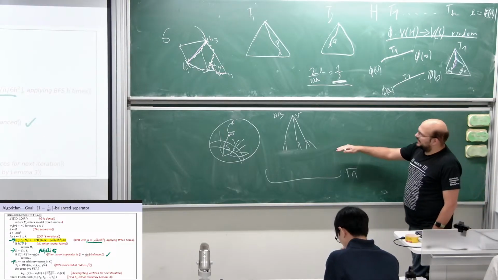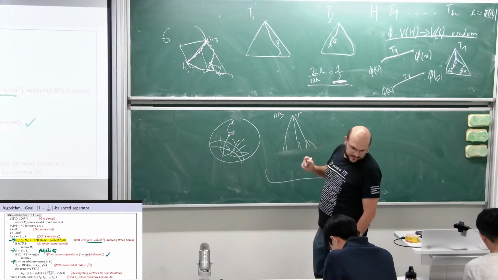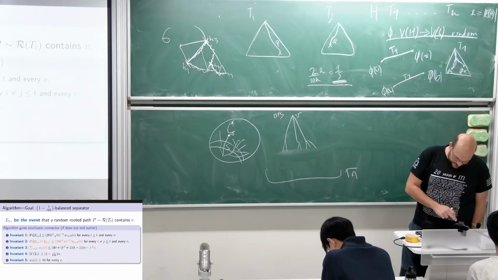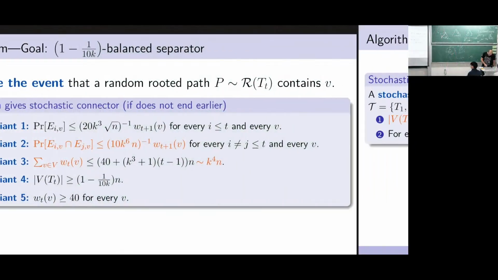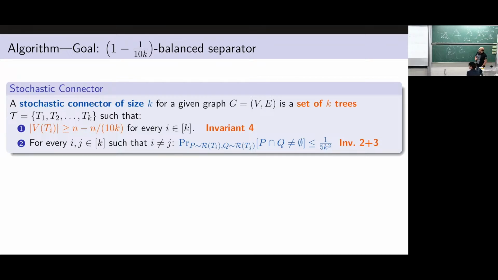Okay, and that's nice, because now we already know that this is a good stochastic connector, at least with the first property, because this component C star is sufficiently big, because this is the biggest component, right?